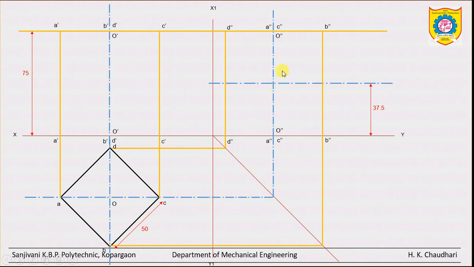Considering this axis as a diagonal for this prism, try to draw the square face, the left square face, considering this O double dash, O1 double dash as a center. The size of the prism is 30 mm.